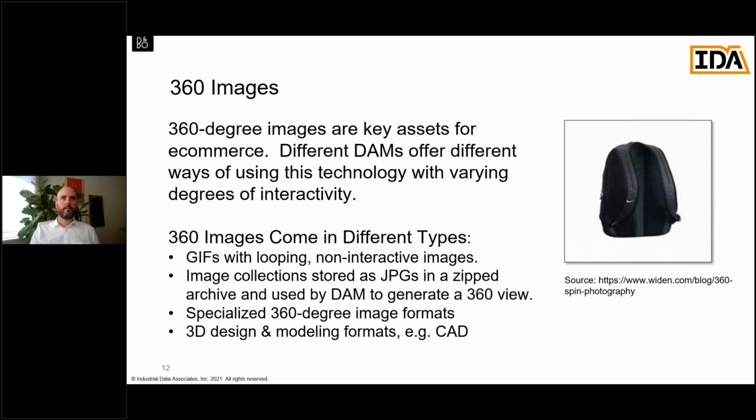Now, there are also a lot of different technologies around these 360-degree images. So it's possible to use a still photograph and move the product to different angles and capture that and knit together a 360-degree image. There are also 360-degree cameras, which capture the full 360 image at once.